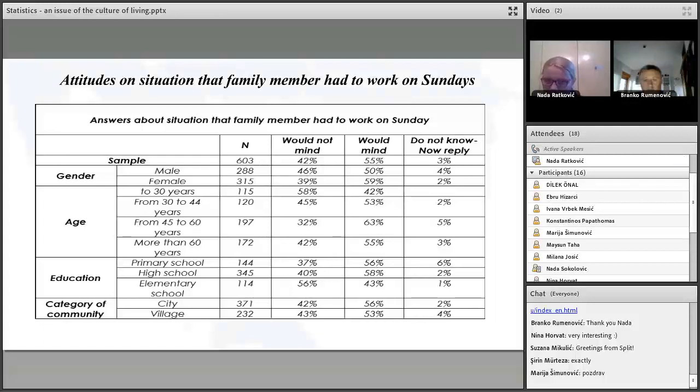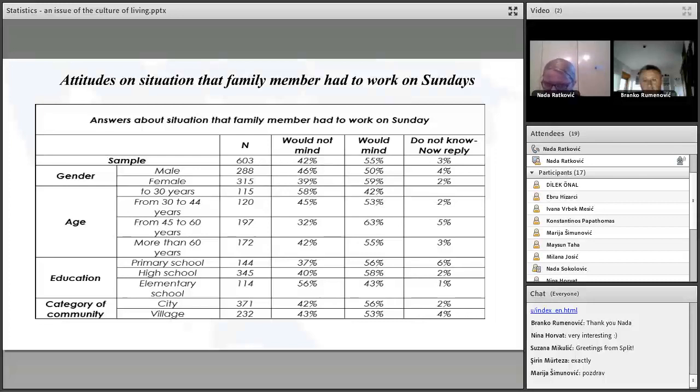What we see in this table about gender: 59% of females would mind. From age, 53% are in the range of 30 to 44 years. From 45 to 60 years, 63% would mind.